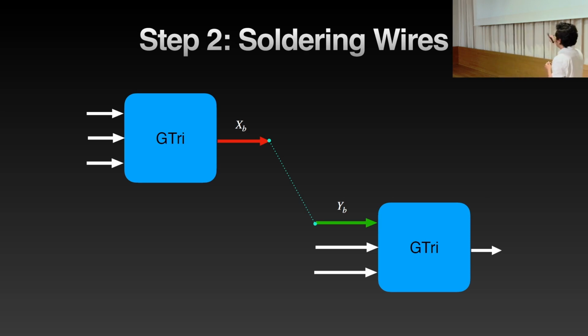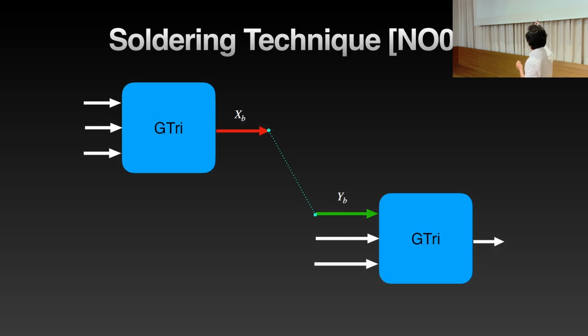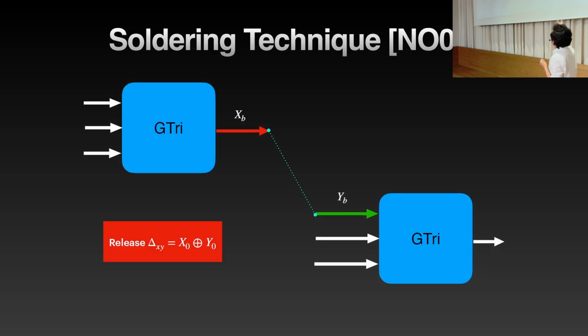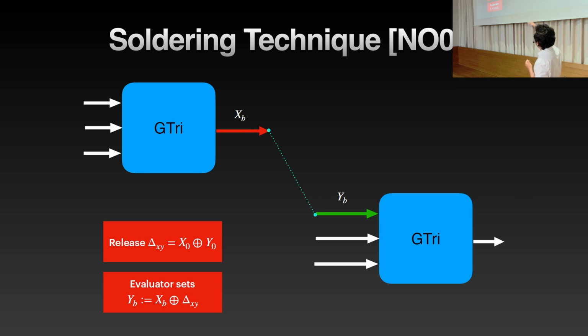The goal is essentially that the evaluator has a wire X_b, and what it wants to obtain is the same valued label on the wire Y. For this, you can just release X_0 XOR Y_0, and the free XOR helps you transfer it in the sense that when you have X_b, you can use this extra released value to get the value for Y_b.